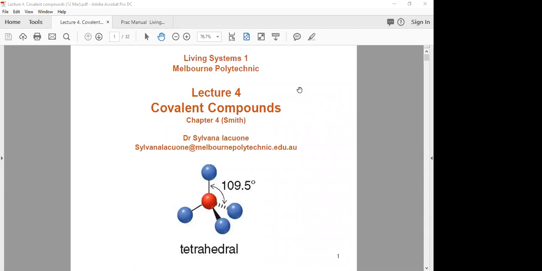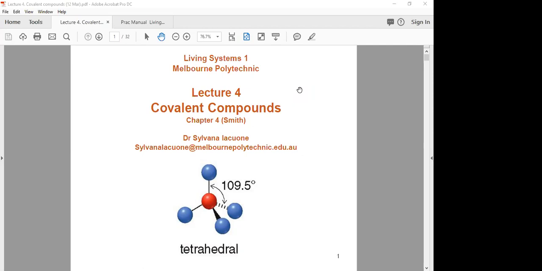Tonight we're going to look at lecture 4, covalent compounds. We're following on from last week where we talked about ionic compounds, which are formed from one major type of bond in chemistry. And tonight we're going to look at the second major type of bond, covalent bonding.